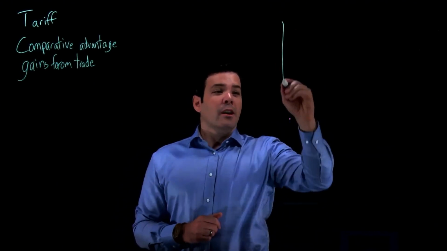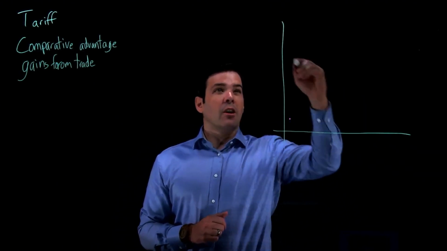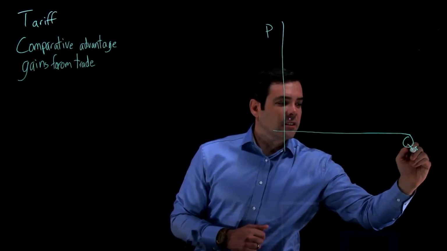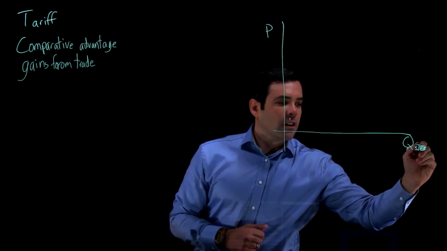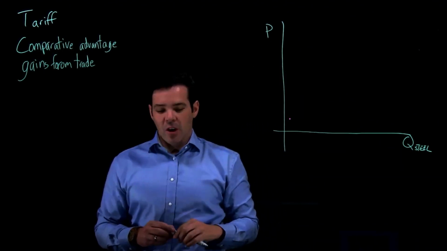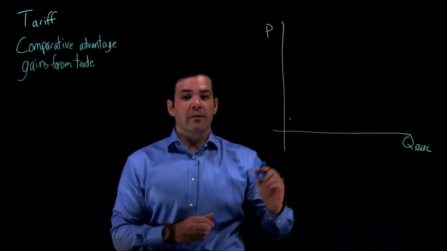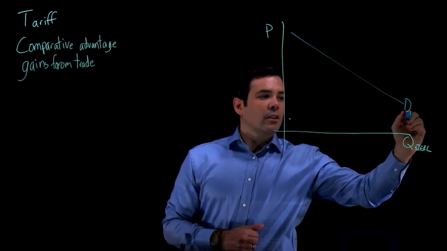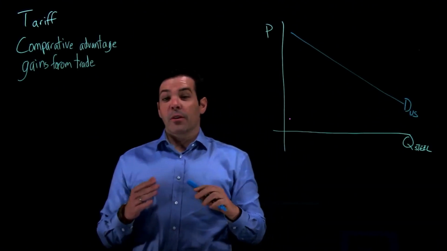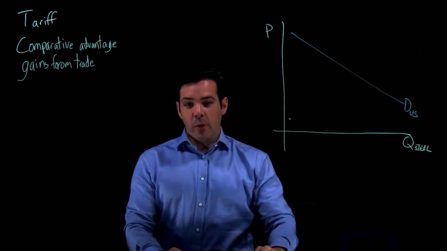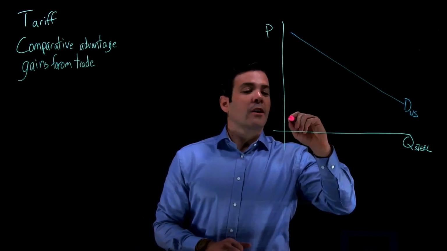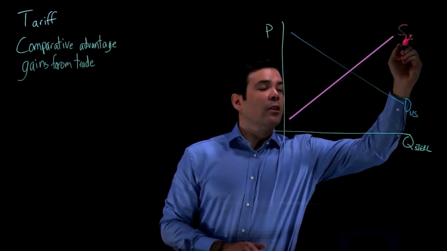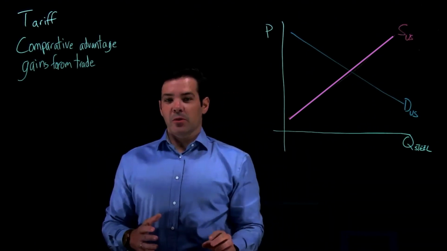Let's start with the price of steel on the y-axis and tons of steel, the quantity, on the x-axis. We'll draw a downward sloping demand curve for steel in America and an upward sloping supply curve for steel made by American producers.